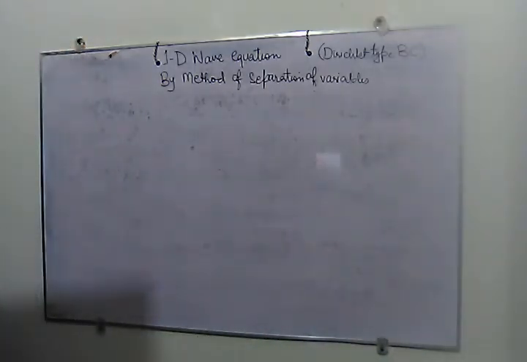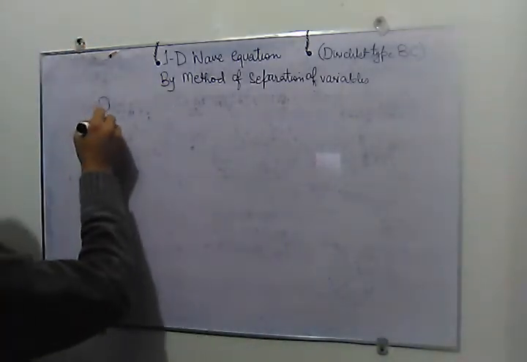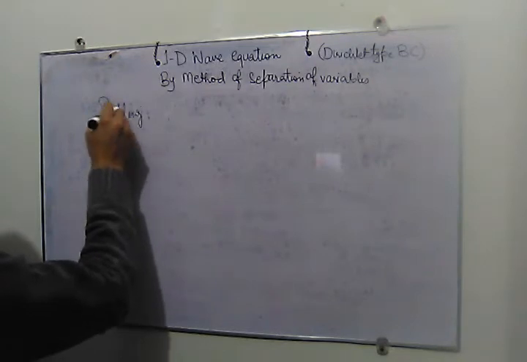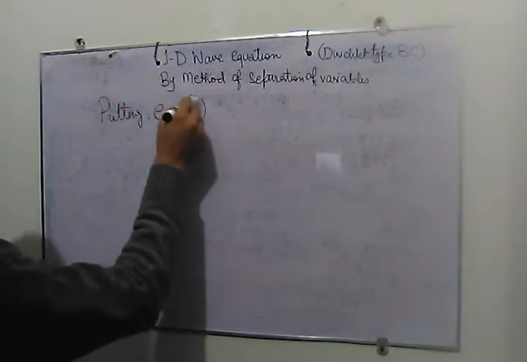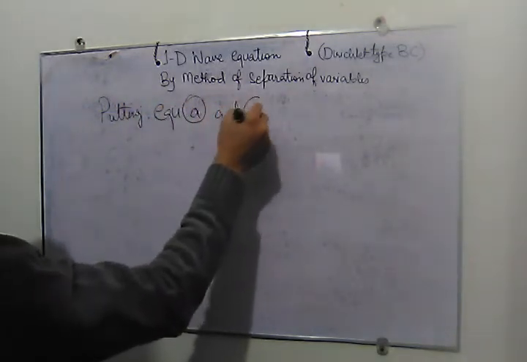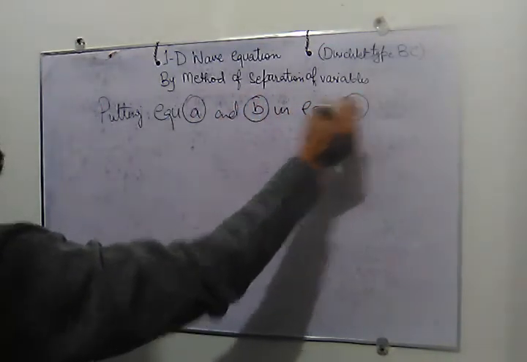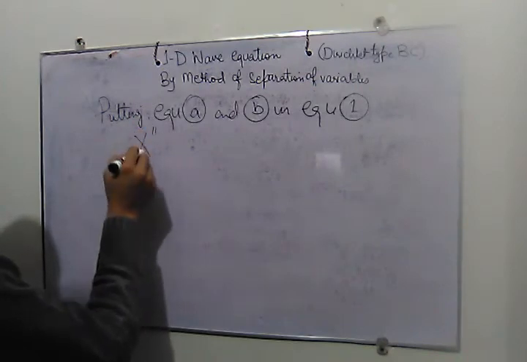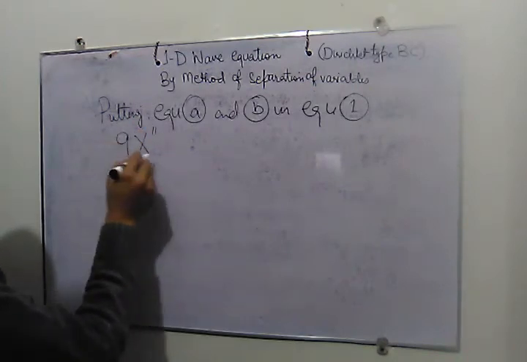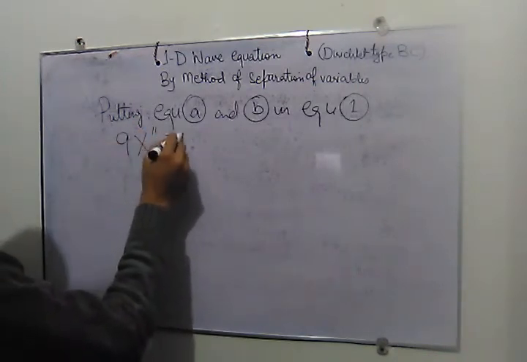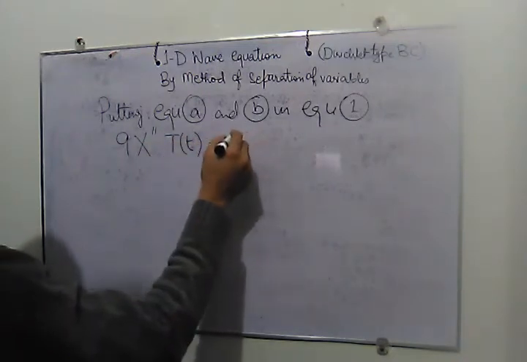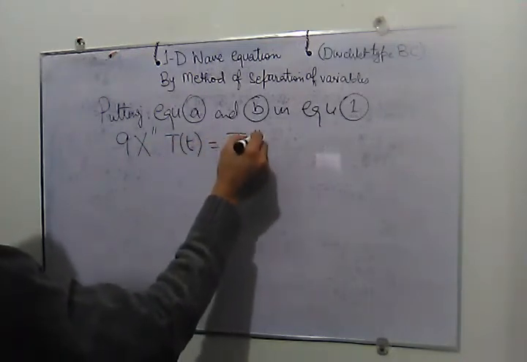Now putting equations a and b in equation 1, we get a situation like X double prime T of t equal to T double prime.